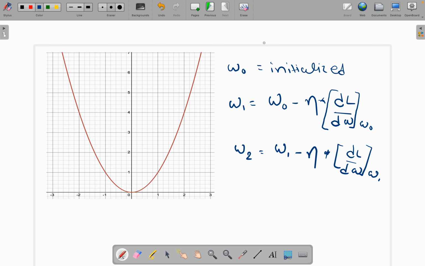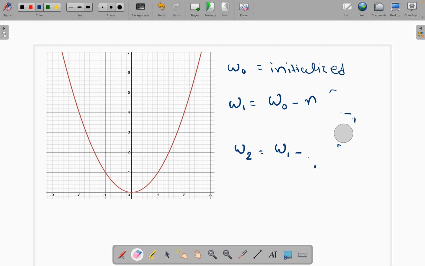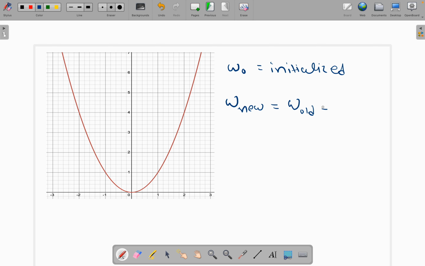So I can rewrite this in general terms: w new is equal to w old minus eta times dl by dw at w old. Okay, it makes sense, right?